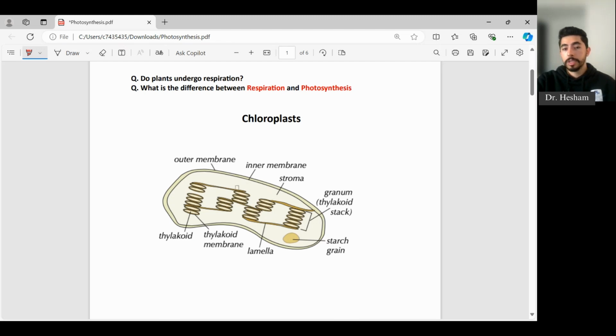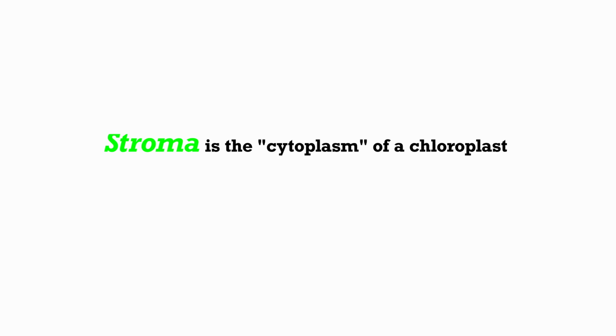And inside these two membranes, it has a liquid or a free space for processes to occur, just like a cytoplasm in a cell. The chloroplast itself also has a free space filled with liquid where processes can occur. This is called the stroma. So the stroma is basically the cytoplasm of a chloroplast.